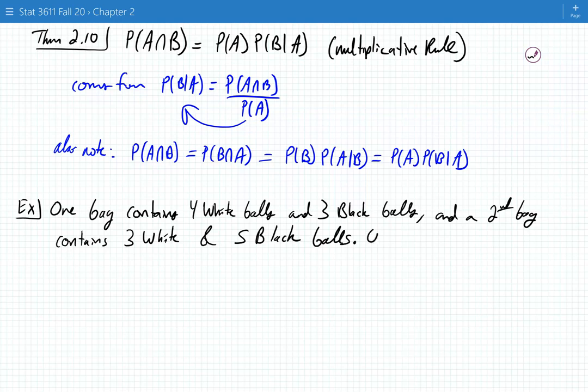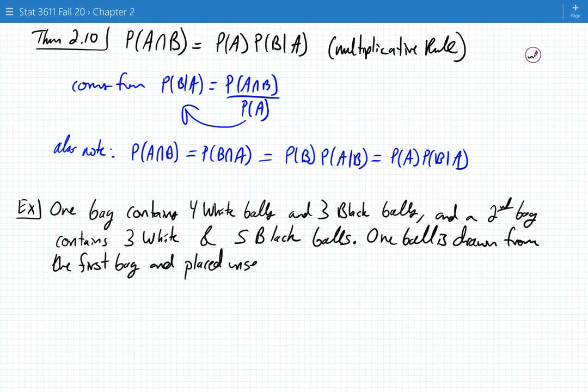Okay, so here's the scenario. One ball is drawn from the first bag and placed unseen in the second bag. So we draw one and we put it in the second bag where we're not looking at what that is.